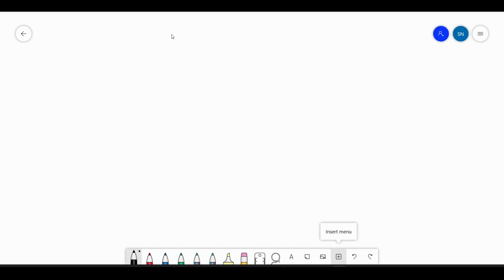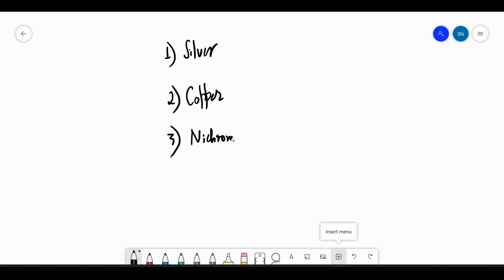I'll tell you some of the values of resistivity of some of the materials. Say, for example, silver, copper, nichrome, and diamond.